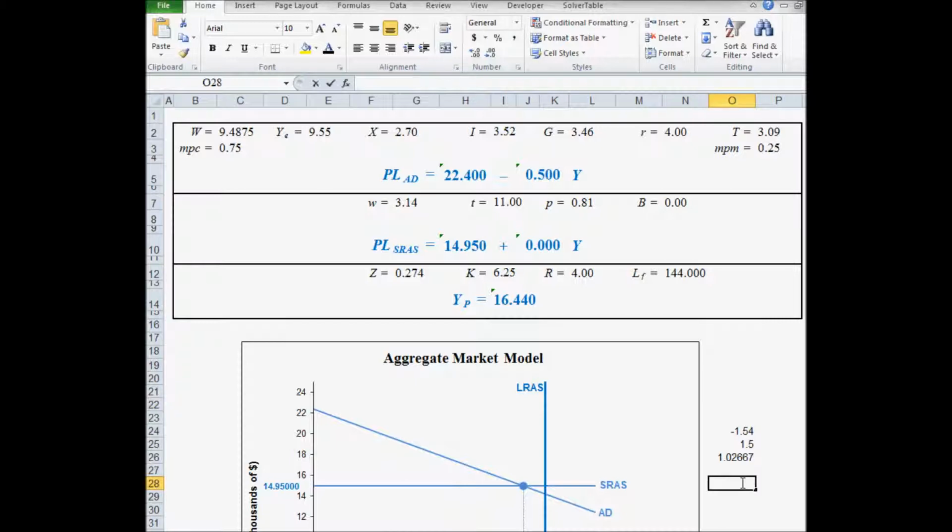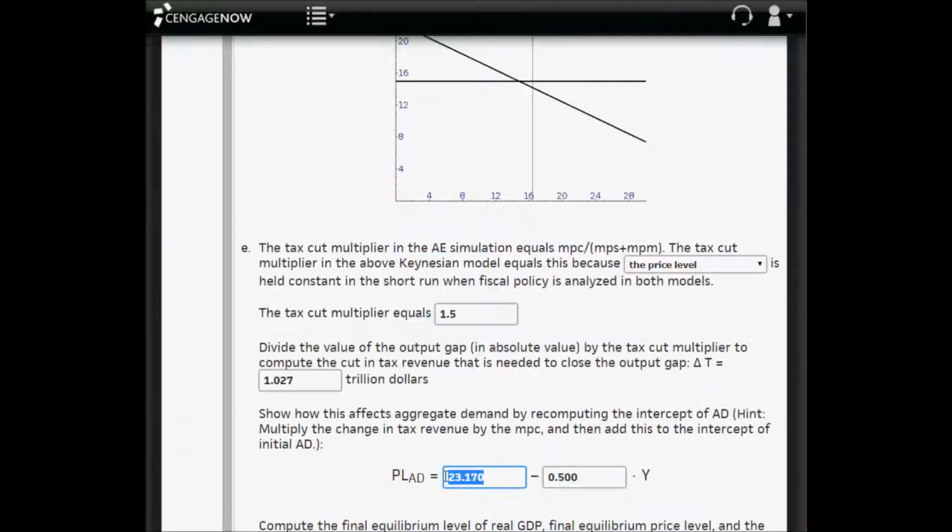So down here, I'm going to multiply the tax cut of 1.02667 by the MPC, 0.75. And then add that to the old intercept of 22.400. And I get 23.17, which is what I got previously.